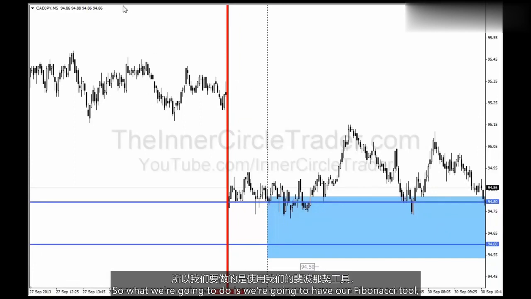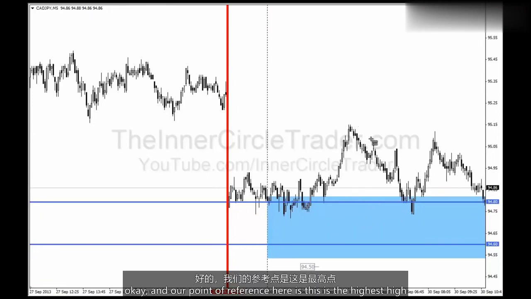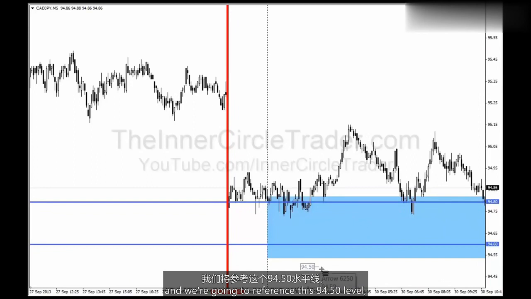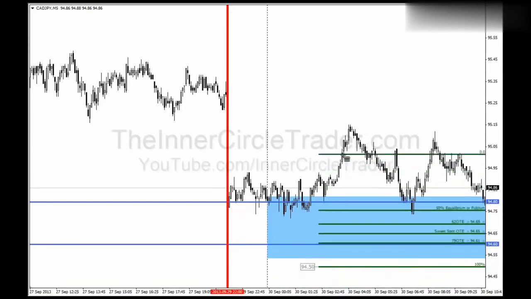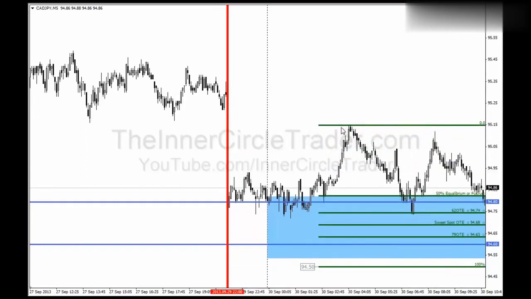So what we're going to do is we're going to have our Fibonacci tool, and our point of reference here is the highest high at the time going into this order block, and we're going to reference this 94.50 level. You pull this up, and what you're looking for is you're going to drop it right on the highest high like that.